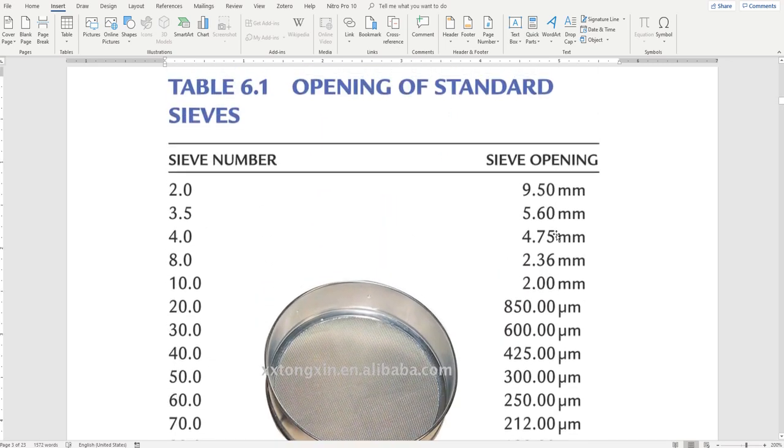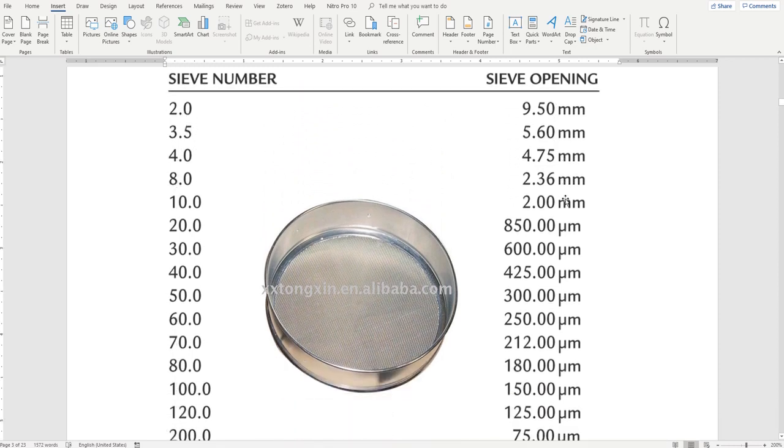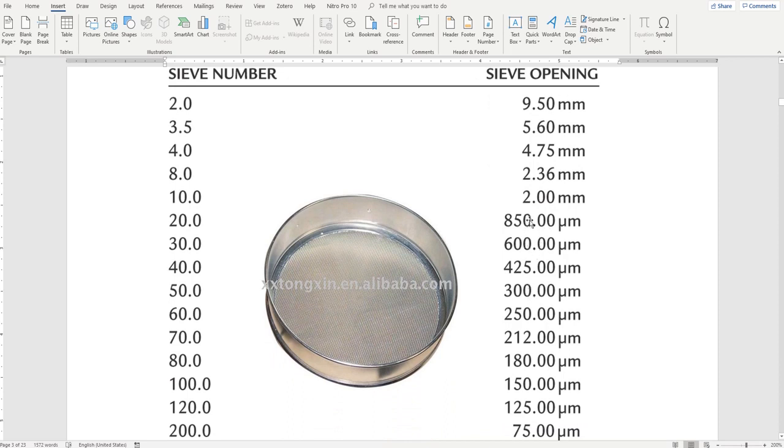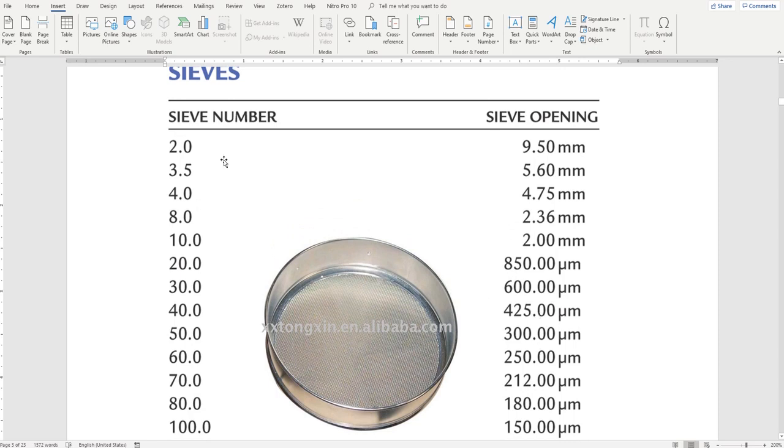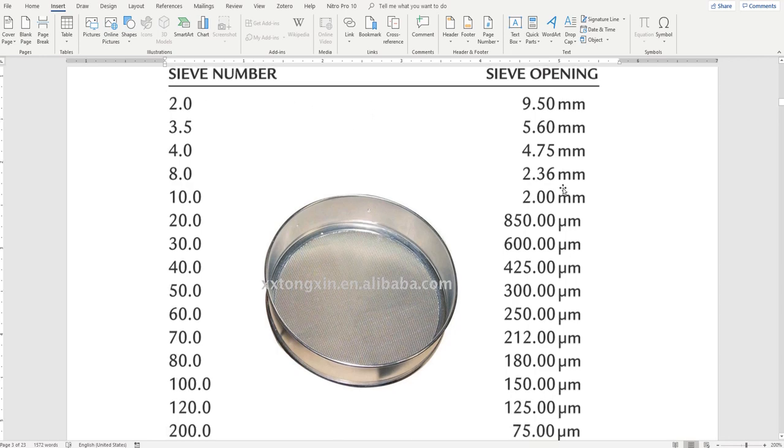So as you see here, as the sieve number increases, the opening size decreases, the size gets smaller. Okay, so what is the relation? I mean, how come the sieve number increases and the size of the aperture decreases?